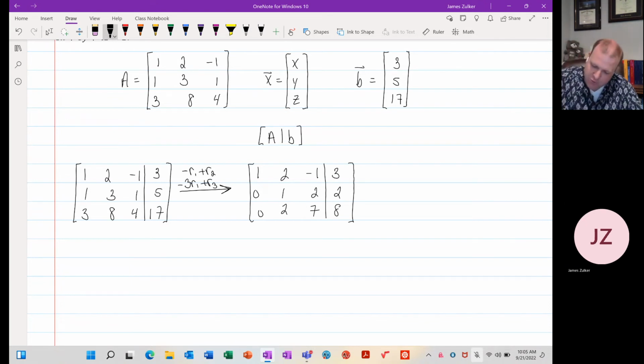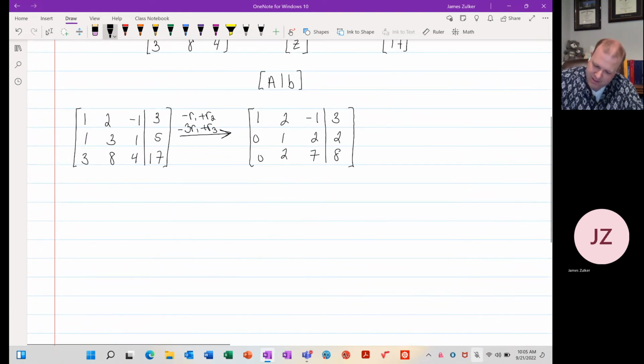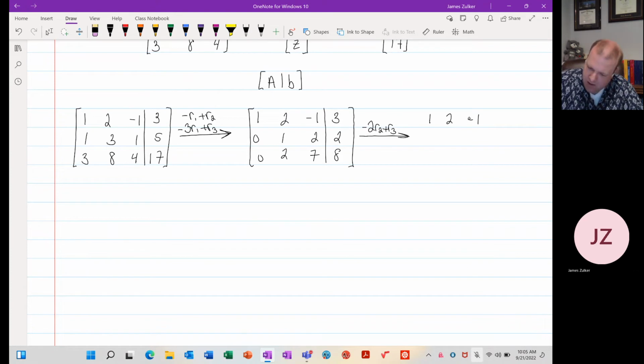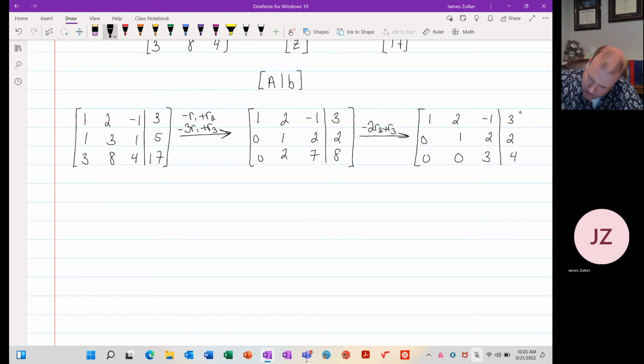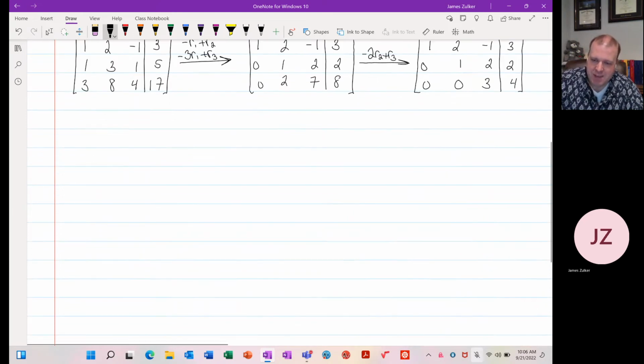Our next pivot is this 2,2 entry. So let's zero out everything below that. Our final pivot will be that 3,3 entry. We just have to make that a 1.